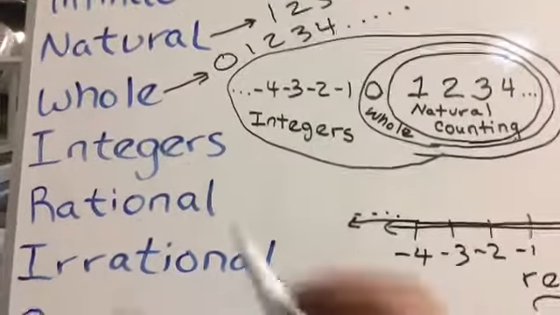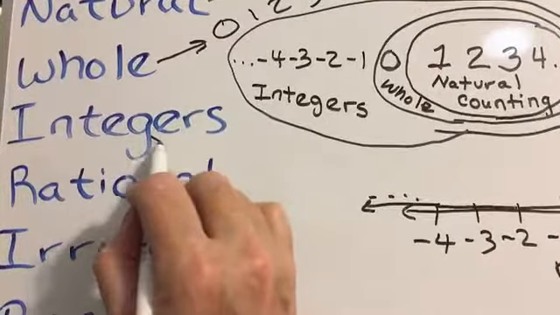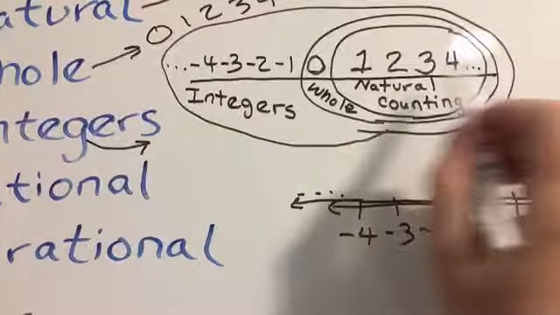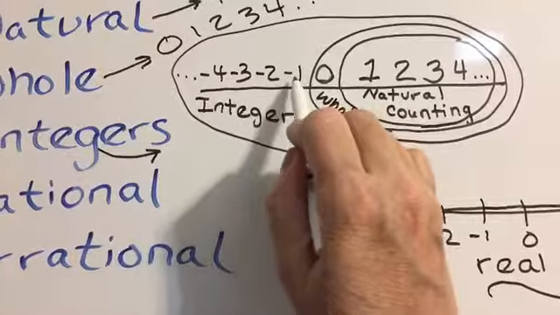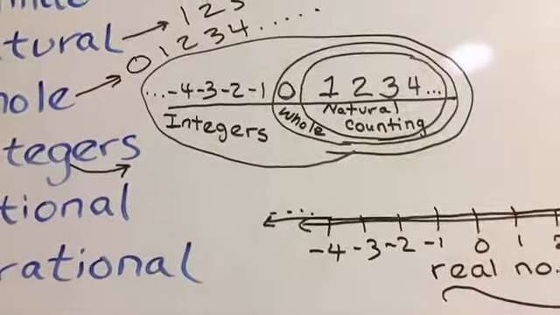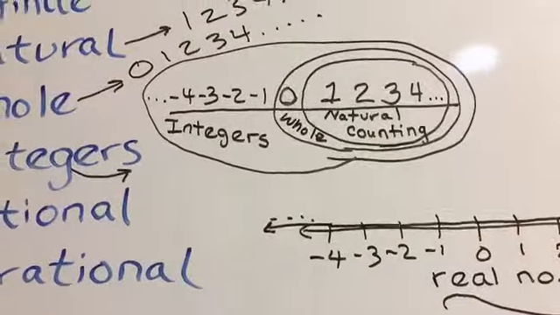And we have talked about our integers, which we have a picture of right here. -4, -3, -2, -1, 0, 1, 2, 3, 4, and they continue in both directions. Okay, and then we have already talked about our real numbers. Our real numbers are every number that fits on the real number line.